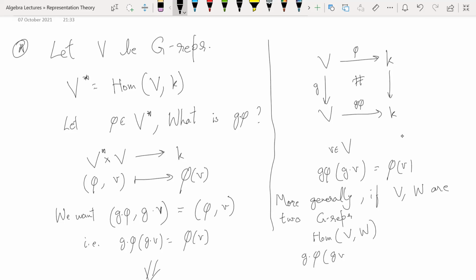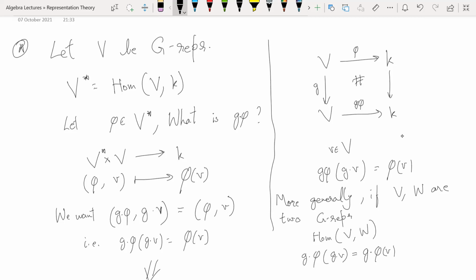First you apply G, then G dot phi evaluated at that, and that should be the same as first applying phi to v, and now W, the representation, is not trivial. So whatever element you get in W, you apply G to that.